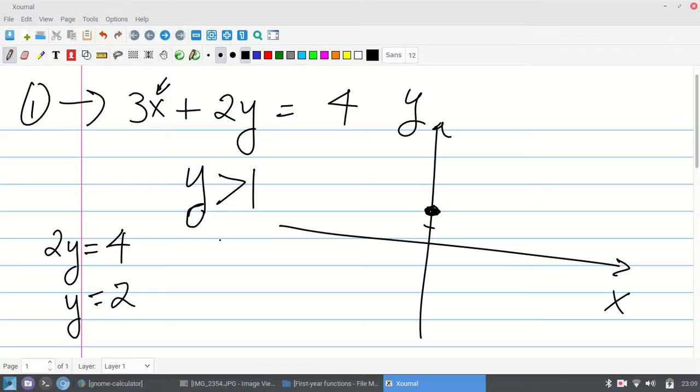Next, I do the same thing for the x-intercept. So I set y equal to 0, and I find the x value. So 3x will equal 4, and so x will be 4 over 3.